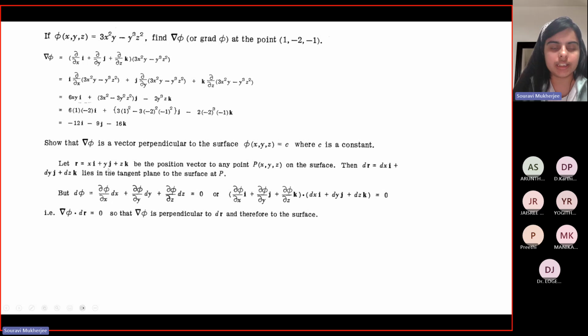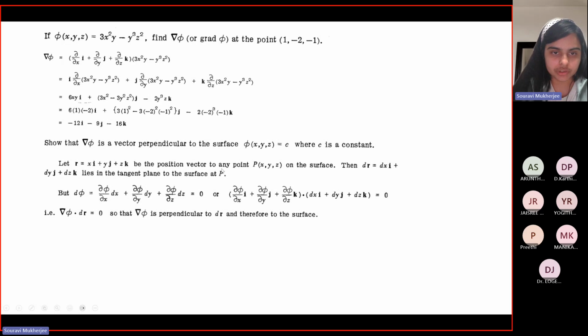Take any position vector on the surface and take a line element, which you write as dx i cap plus dy j cap plus dz k cap. This lies on the surface over which you want to find your gradient.